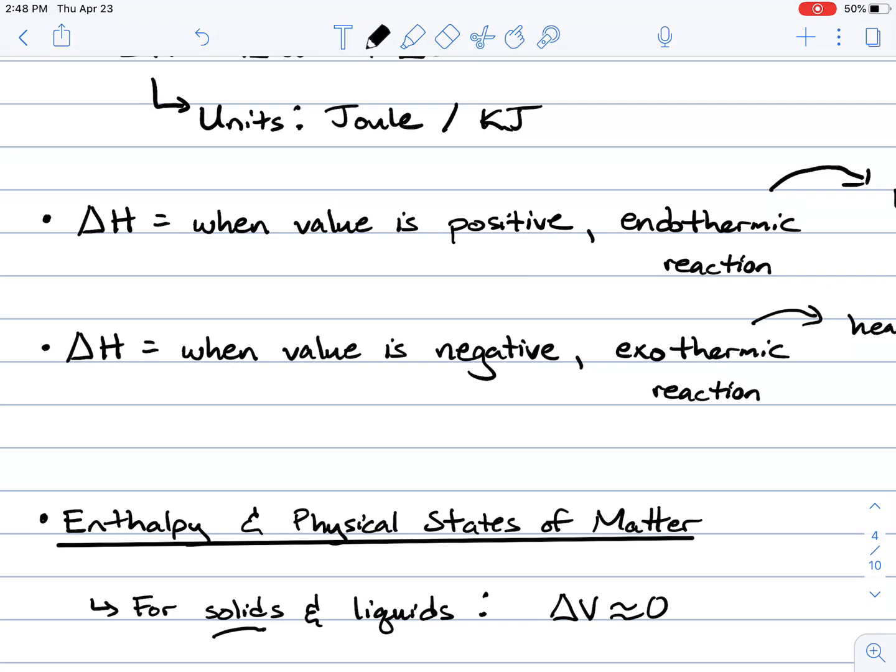And so here for solids and liquids, if you think about their definition, a solid has a fixed amount of volume and a fixed shape, right? So that's a definition from the very beginning of chemistry. For liquids, liquids have a fixed volume, but they have an indefinite shape. And so for this topic, we don't really care about the shape, we just care about the volume.